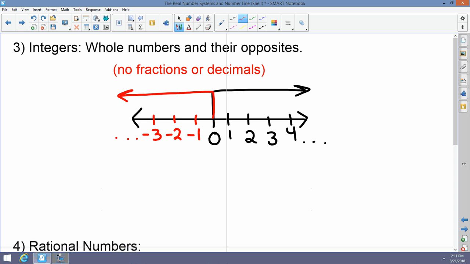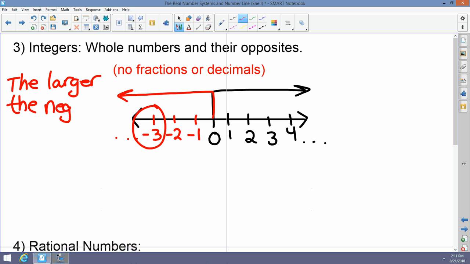Please notice that when we're dealing with negative numbers, the larger the negative, the smaller the value.